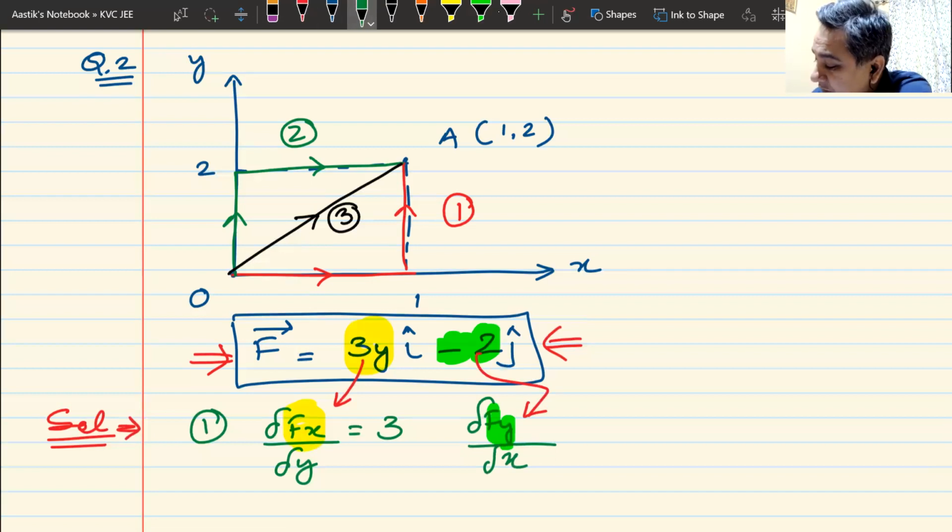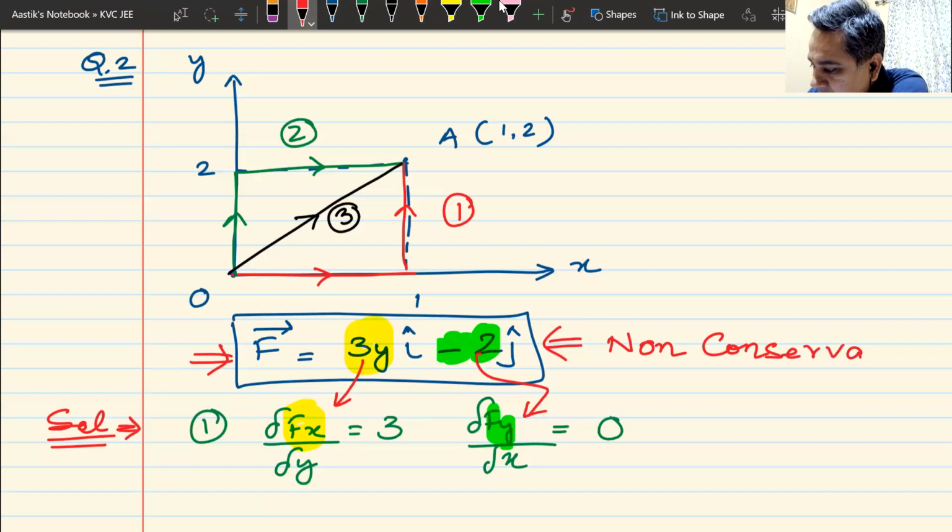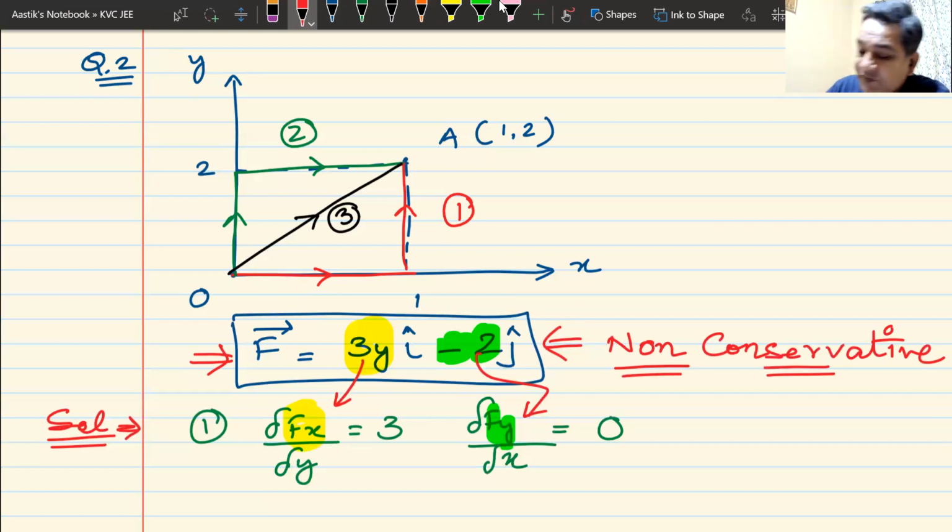So now we have a situation where one thing is 3, the other is 0. That gives us the first answer, whether this force is conservative or not. And we now have the answer that this force is non-conservative.